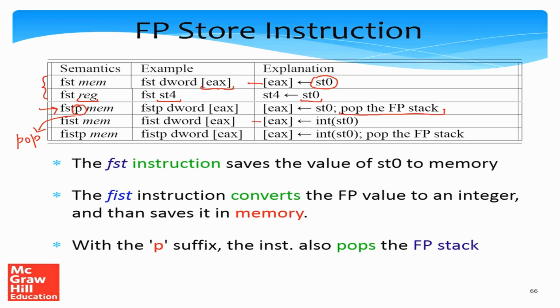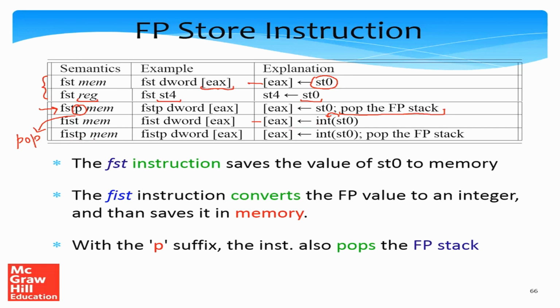What this instruction does is that it first converts the floating point number into an integer representation, pretty much by truncating everything after the decimal point. That's what it does, it first converts it into an integer. After converting it to an integer, it saves it in memory.